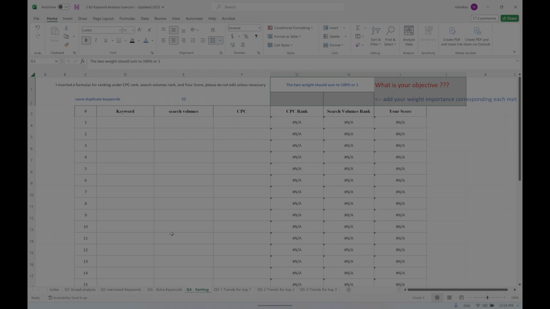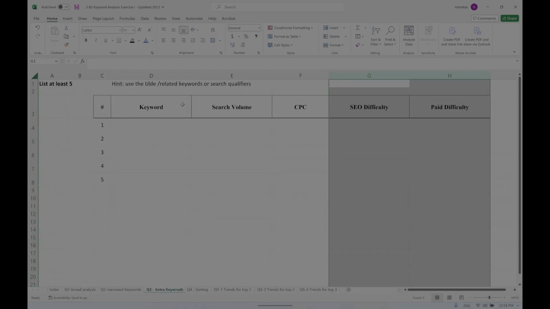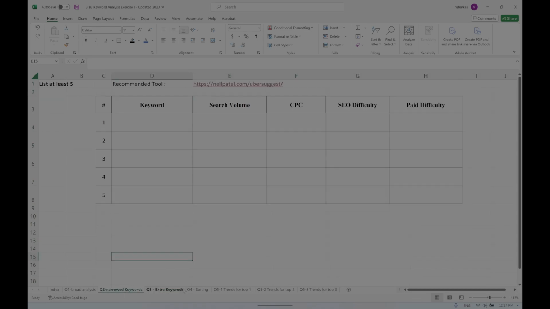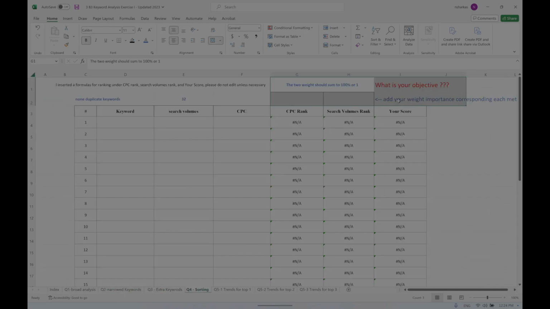Not just getting and examining these metrics over here, but actually getting your own score. Do you see that? You are getting your own score by applying different weights that correspond to the context of the business. You are a startup, early life cycle.